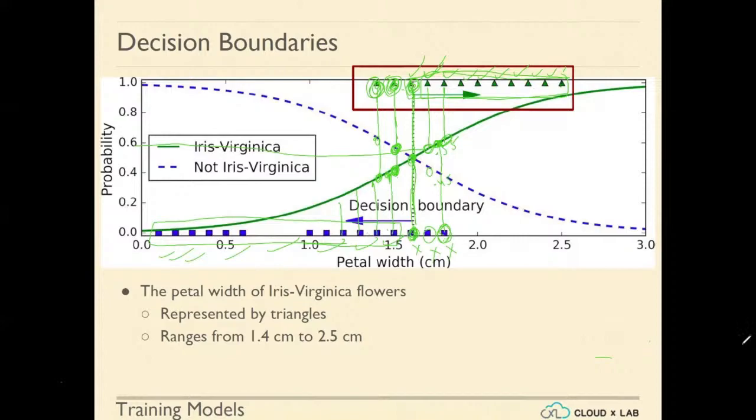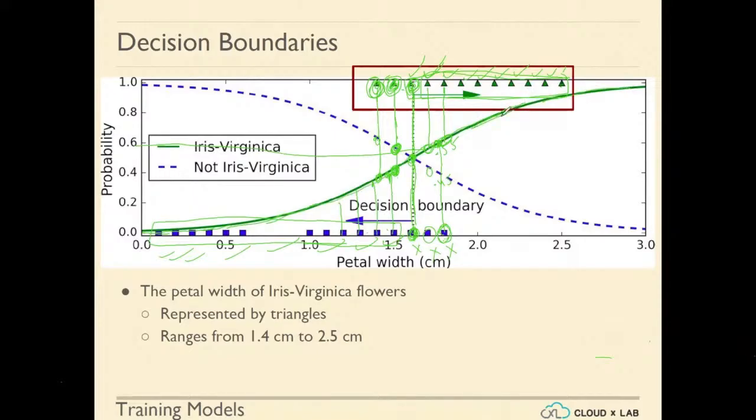So in fact, while defining the logistic regression classifier, we only considered the probability for the positive class, right? In the logistic regression classifier, we only use this solid green line, the probability for the positive class.